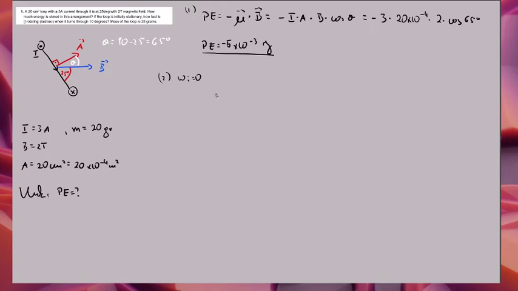Initially it is stationary. How fast is it rotating when it turns through 10 degrees? So what is the final speed given that it will rotate through the angle of 10 degrees?